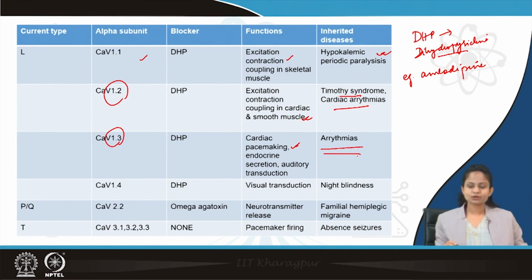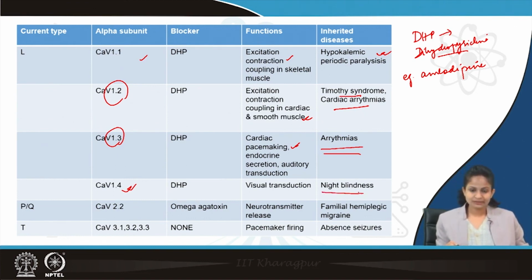Also, it is very important for the auditory transduction and endocrine secretions, this you have to remember. And for visual transduction also, voltage gated calcium channel 1.4 is very much responsible, and since it is responsible for visual transduction, any abnormality with this channel will result in night blindness.